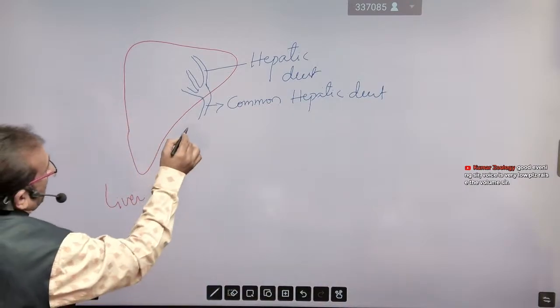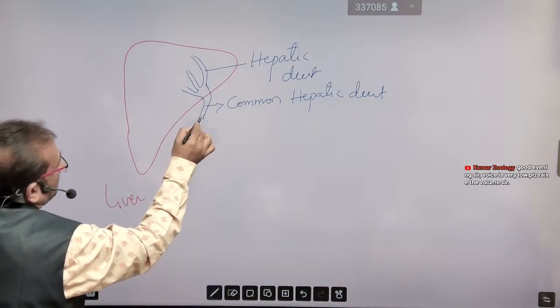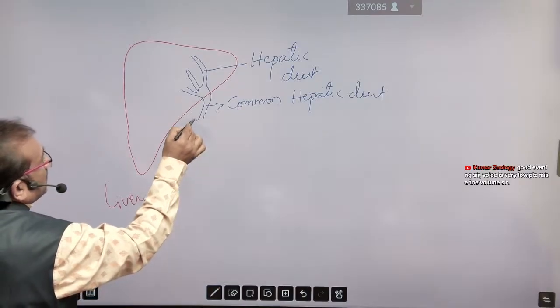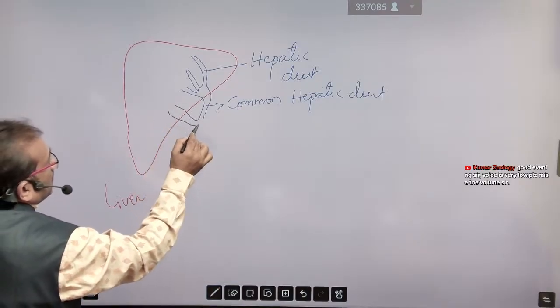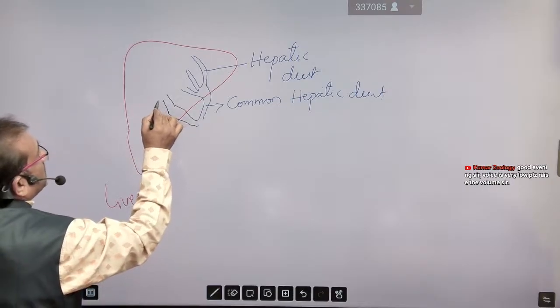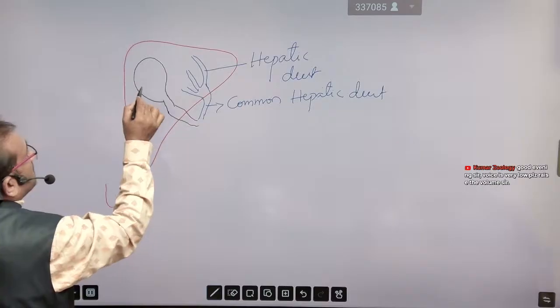And this common hepatic duct opens into a duct which is attached to the gallbladder. So this is the gallbladder.